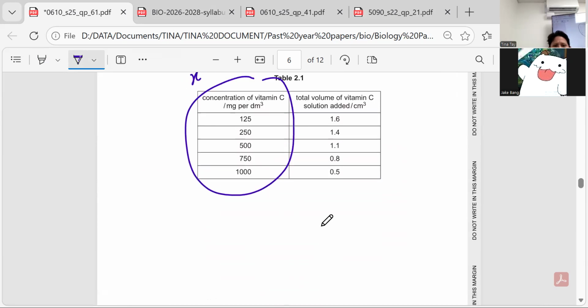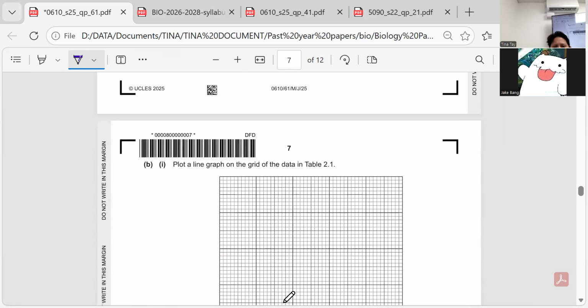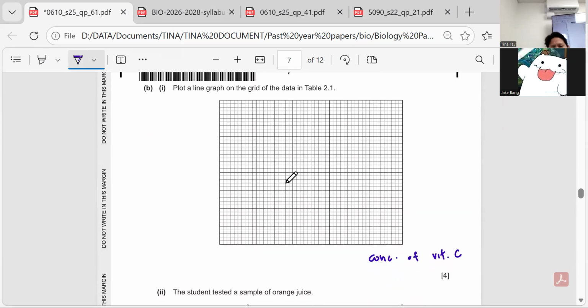Okay, concentration of vitamin C. Here is 125 all the way to 1000. What must you do? So 0, 200, 400, 600, 800, 1000. You have to use the whole thing. Get it or not? Please use a ruler to draw this line.